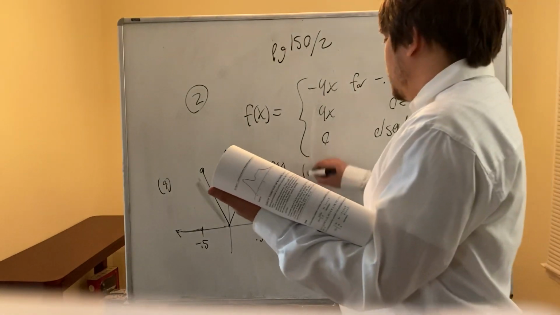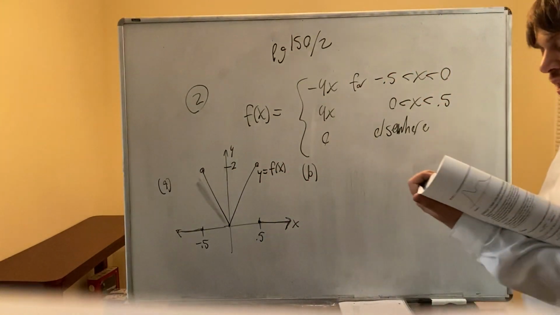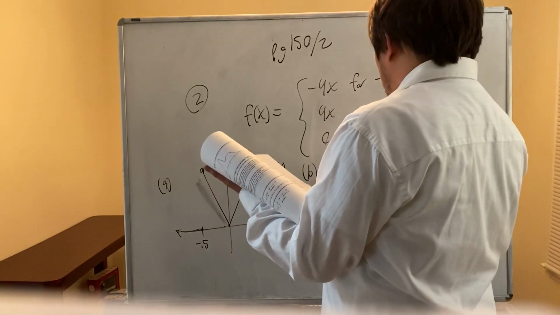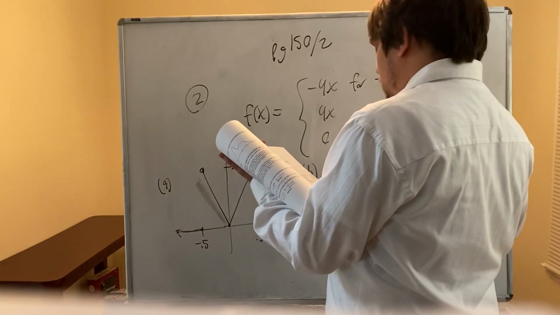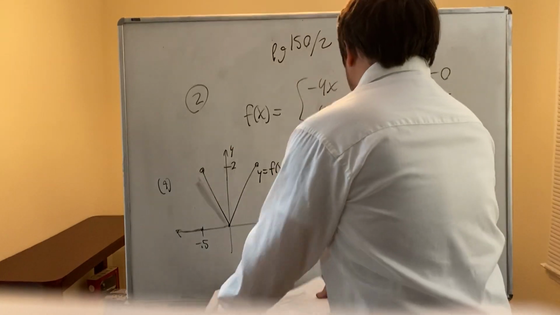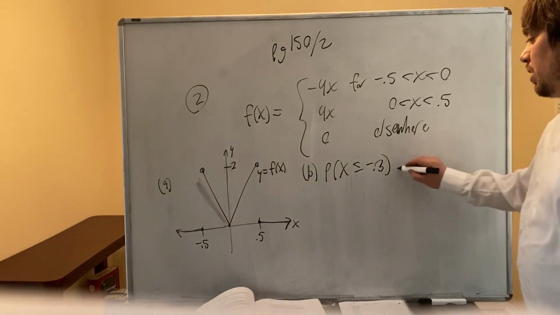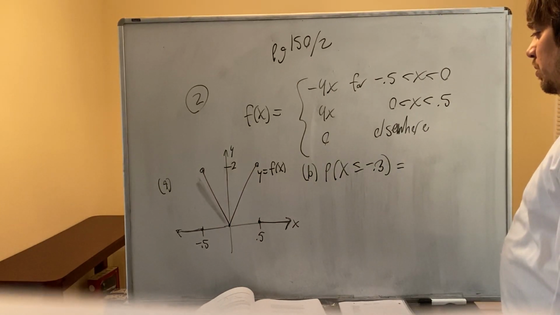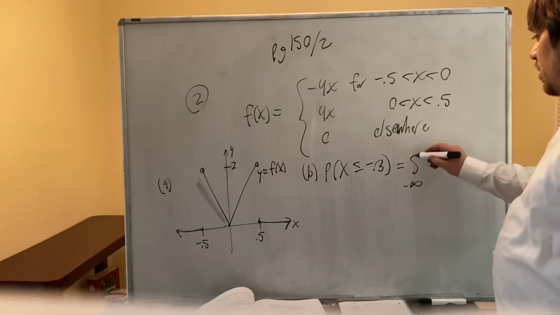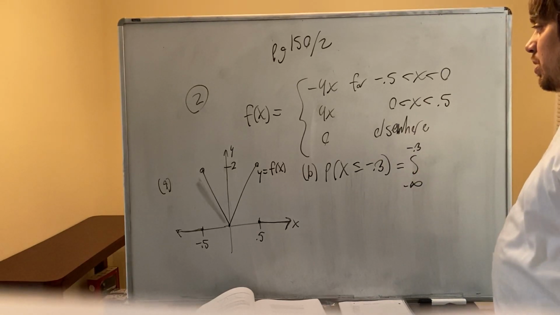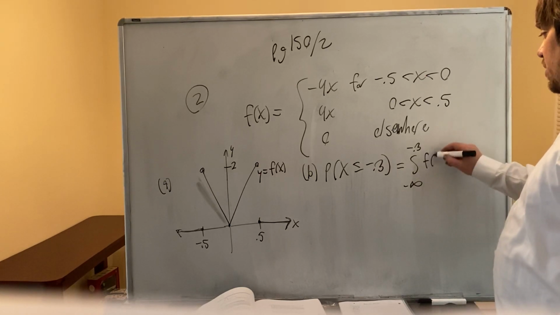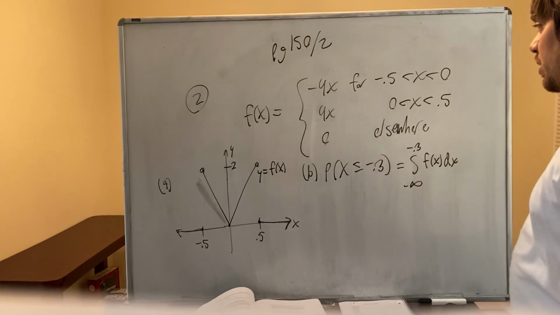Part B is find each probability. Find the probability that capital X is at most negative 0.3. So this is equal to the definite integral from negative infinity to negative 0.3 of f of x dx.